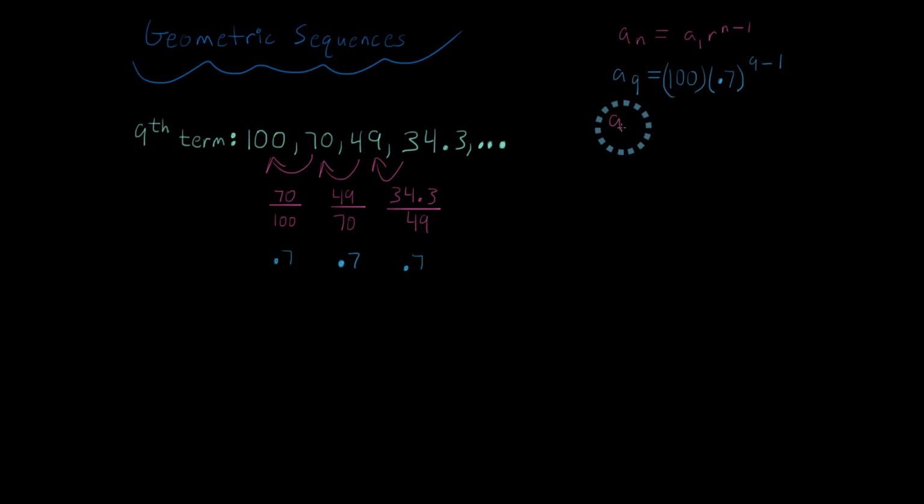So a sub 9 is equal to 100 times 0.7 raised to the power of 9 minus 1, and 9 minus 1 is 8.